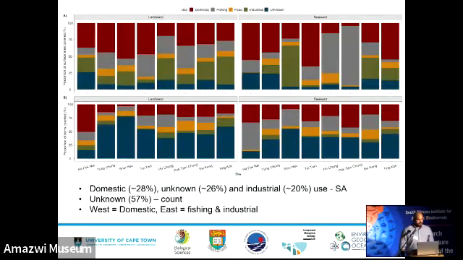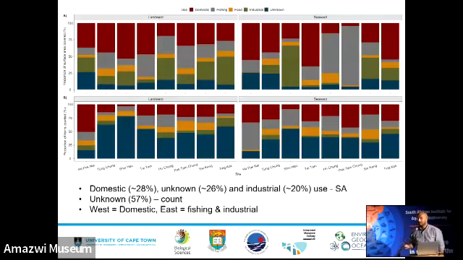We also tried to categorize and quantify exactly what the plastics were used for in the first place. And what we found was that in terms of surface area covered, the items that were used for domestic purposes were not the majority, but the largest single category.